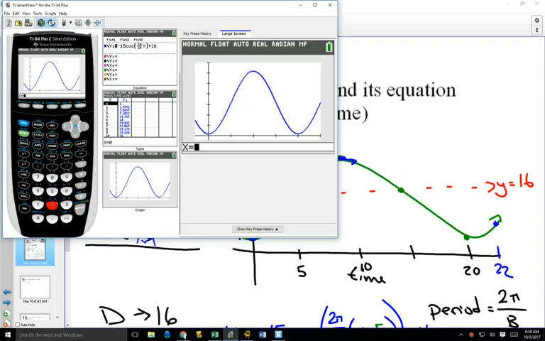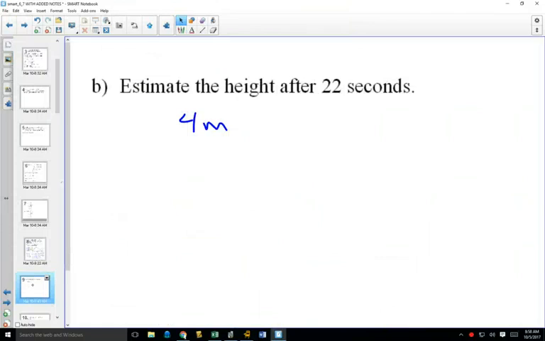So if I want to find out exactly what it is at 22 to see how close our estimate is, I can type in 22, push enter, and it's 3.86. So we were pretty good. Our estimate of 4, when in reality it's 3.86, is really, really close.